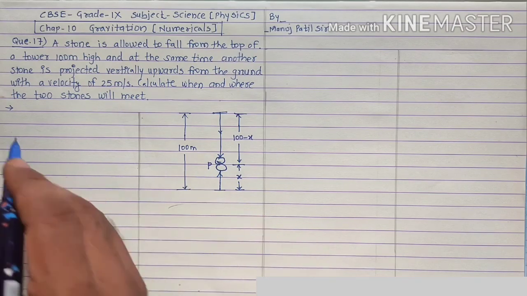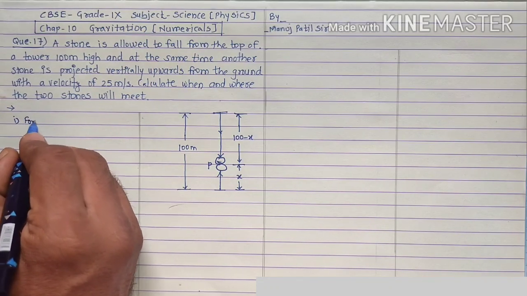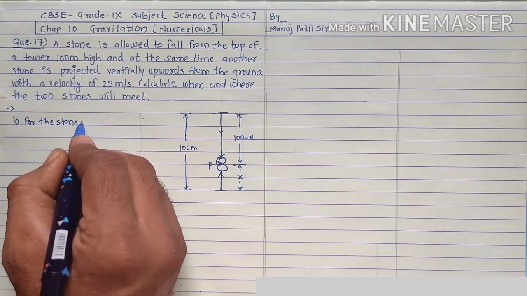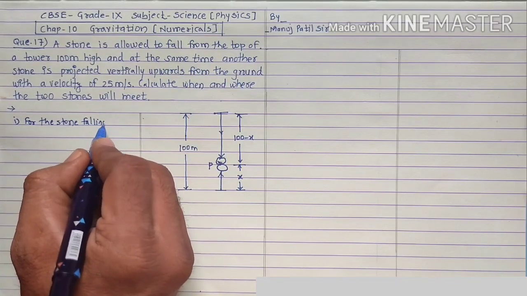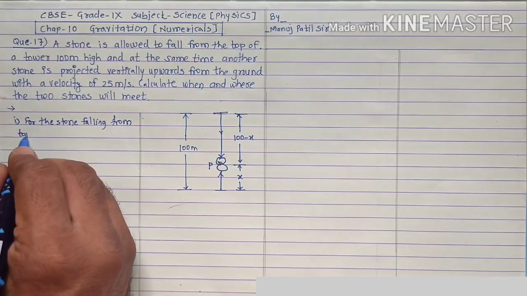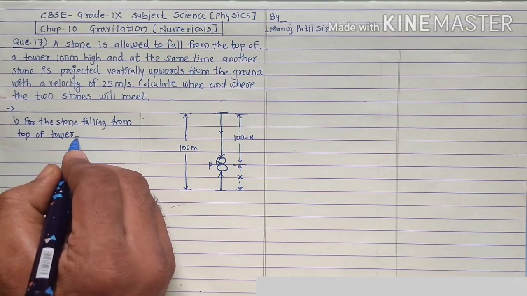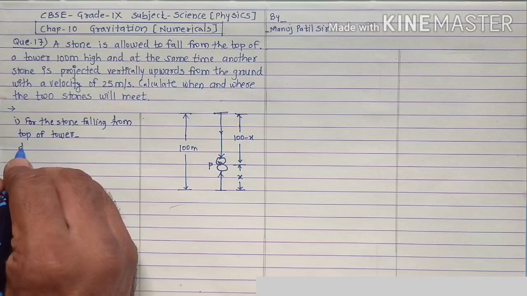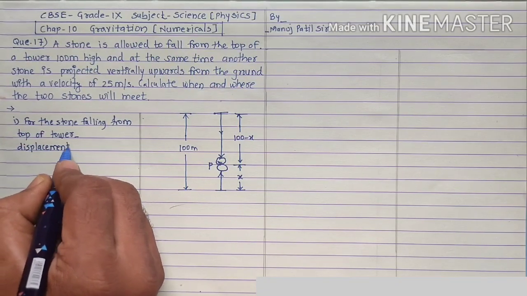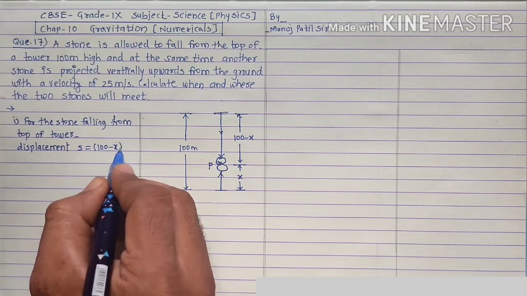So we'll first consider the stone falling from the top of the tower. So we'll consider this case. Here displacement S is equal to 100 minus x meter.